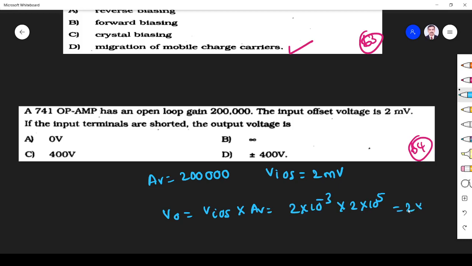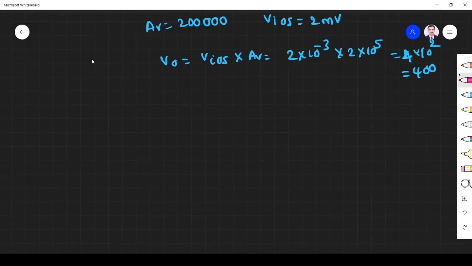So 2 into 2 is 4, 4 into 10 power 2, which is 400. But here they don't give the polarity of the input offset voltage. So the output voltage may be plus or minus. I don't think it is plus 2 millivolt; they would give the polarity, positive or negative. So the answer is 400 volt.